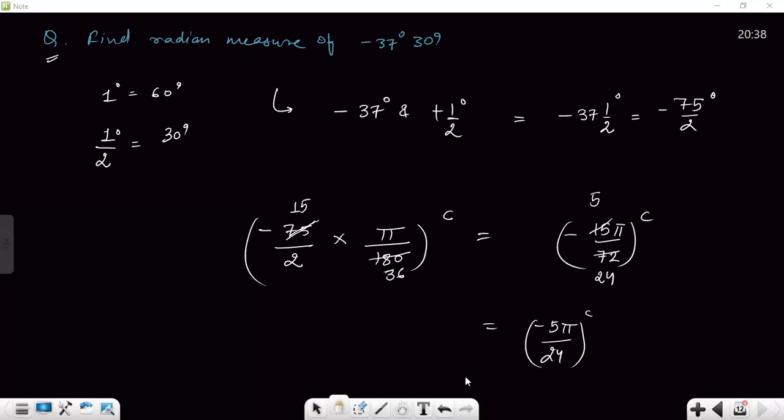Yes, sir. Do not get confused about whether we have to subtract 37 and a half. No, just keep the negative sign outside and make a mixed fraction, solve the mixed fraction first.